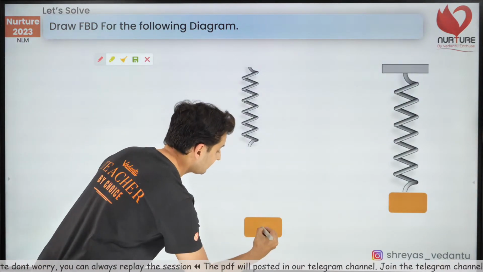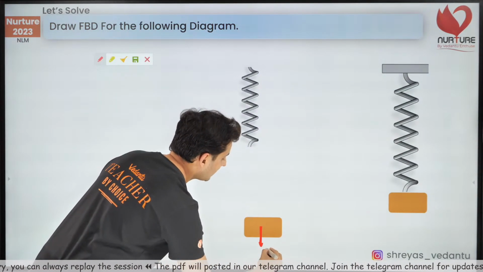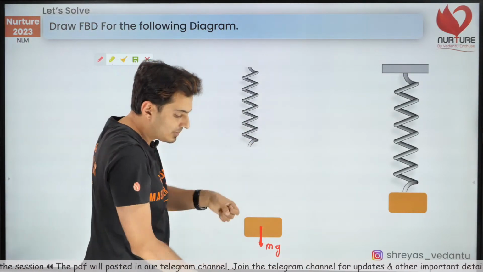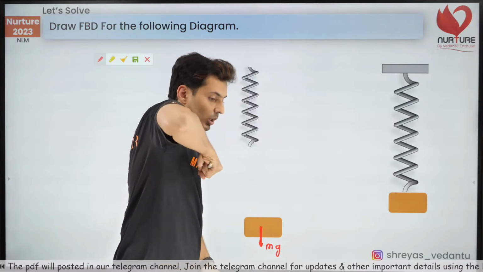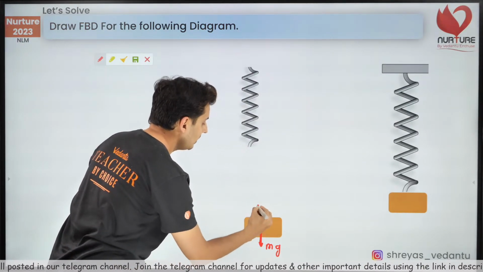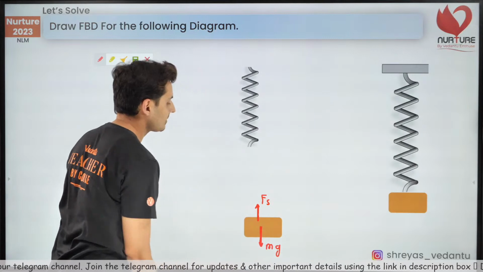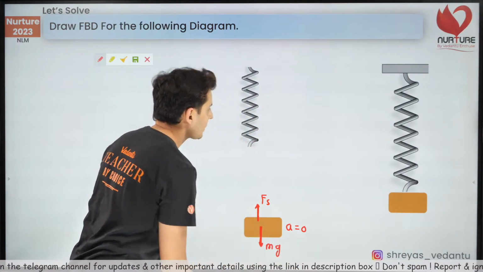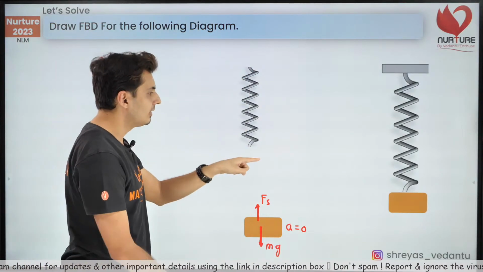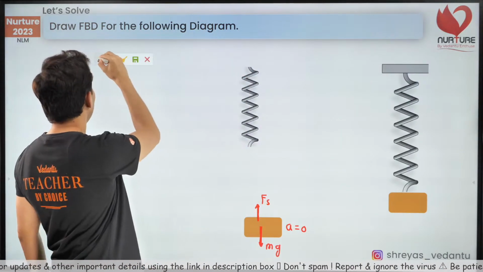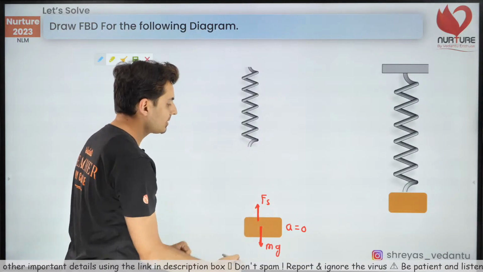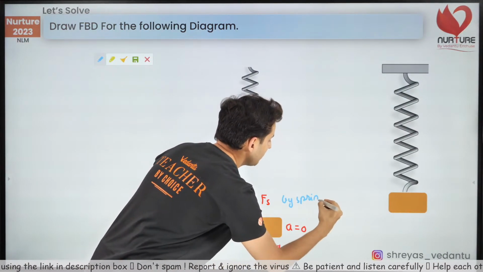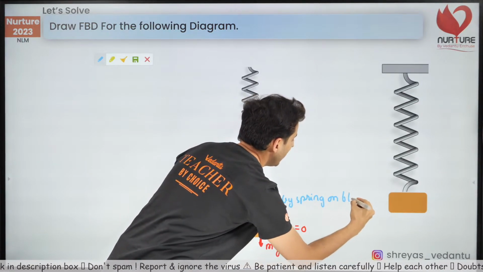Okay, so first thing, there will be a weight over here, that is mg, and the spring is being stretched, right? So what will it do? It will pull up the block. So there will be a spring force like this. It is at rest, a equals 0. For this spring, if I tell you who is applying the spring force, this is by the spring on the block.